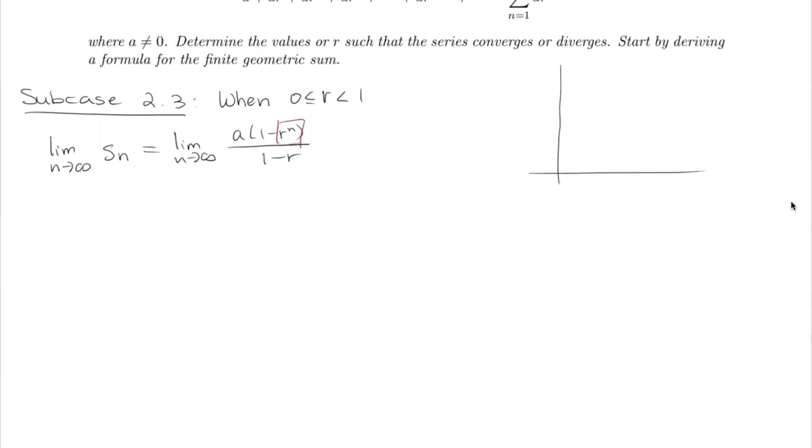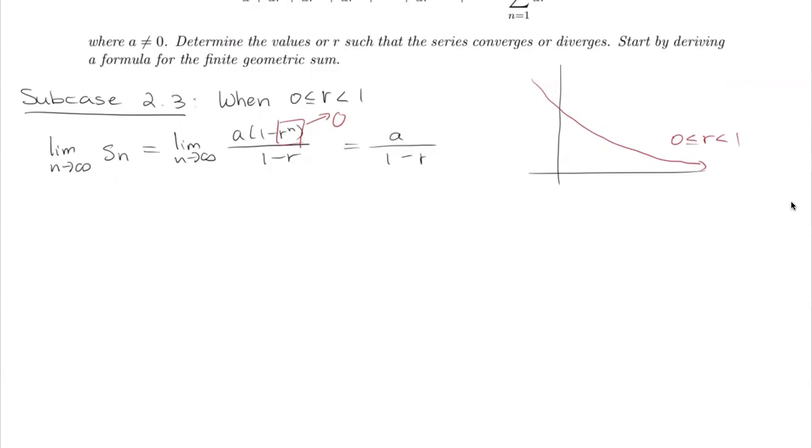Because it's decreasing, r is small, it's actually going to approach 0. So that means r to the power n is going to go to 0, and because of that, we're just going to get a divided by 1 minus r. So it does converge when r is between 0 and 1.